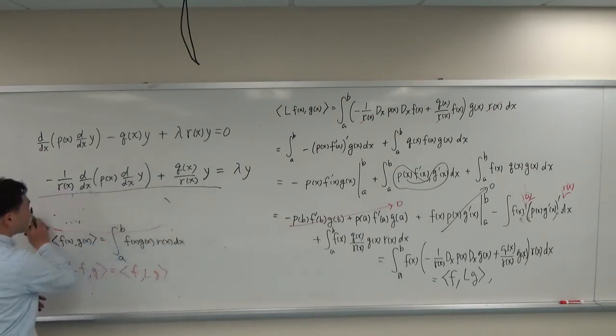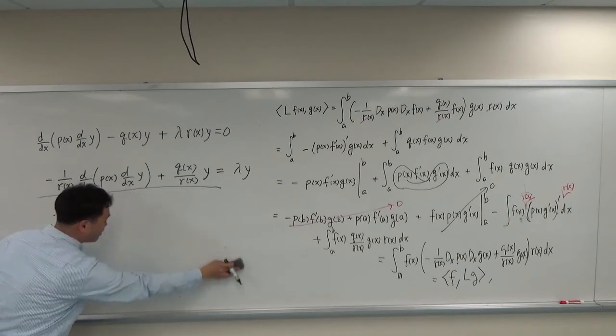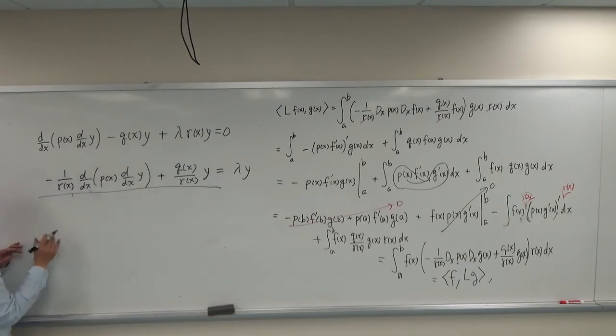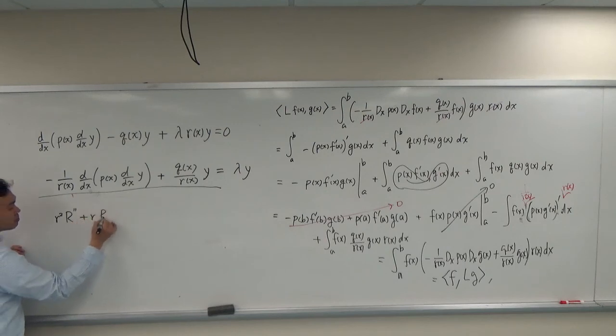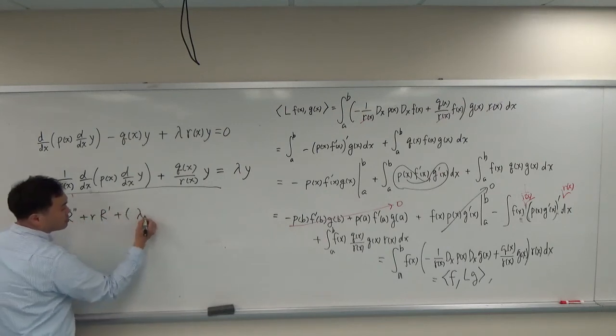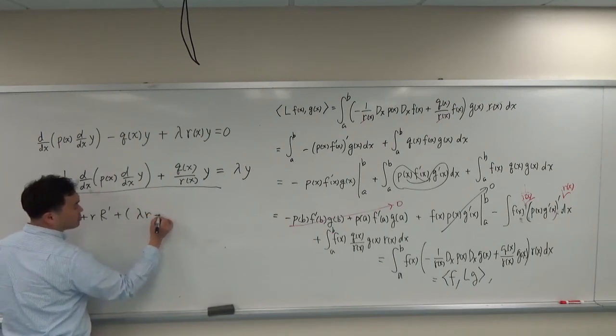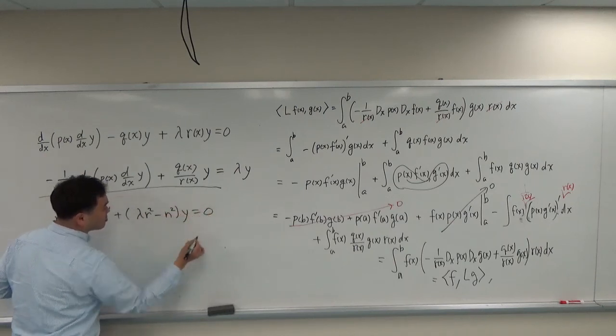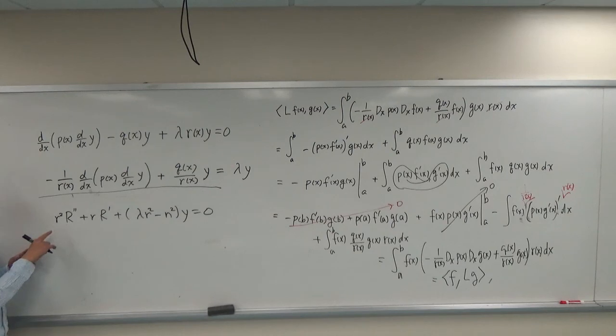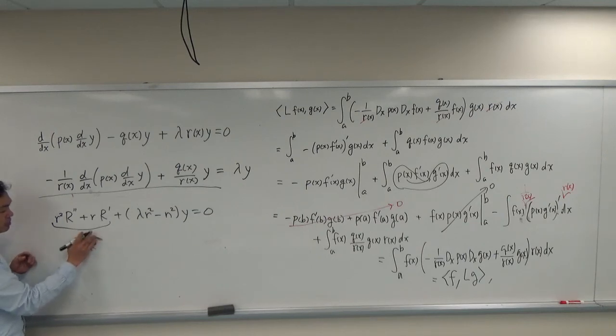What does this have to do with the Bessel case? Well, in the Bessel case, remember what the formula was: r squared y double prime plus r y prime plus lambda r squared minus n squared y equals 0. And this is like r prime times r.